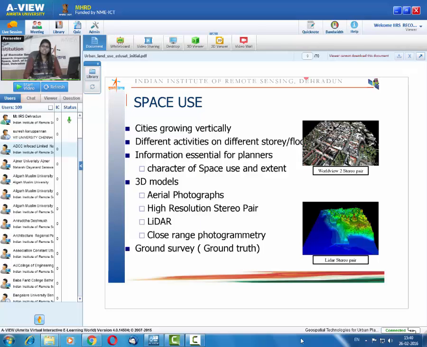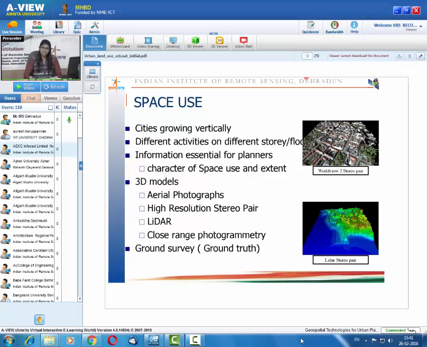High resolution stereo pair imageries means satellite stereo imagery, where the same area has been accessed from two different locations, and you can have a look at that area in stereo. That means the height and the depth dimension can be understood. Then 3D can be prepared. DSMs or digital surface models can be prepared using these stereo pairs.